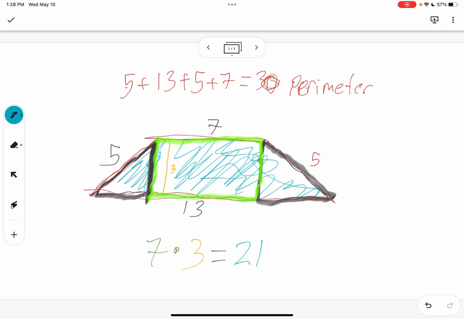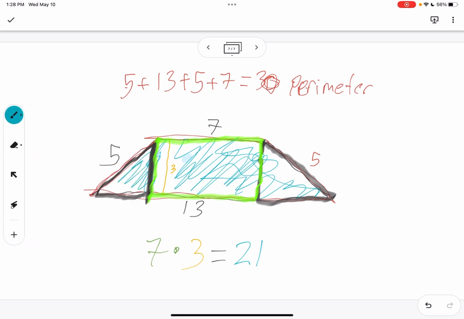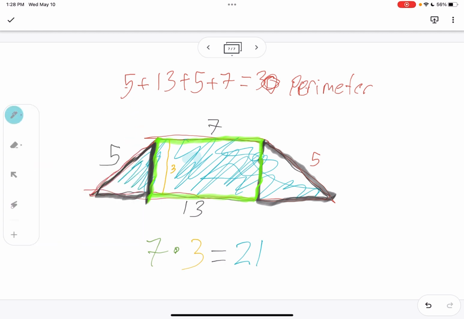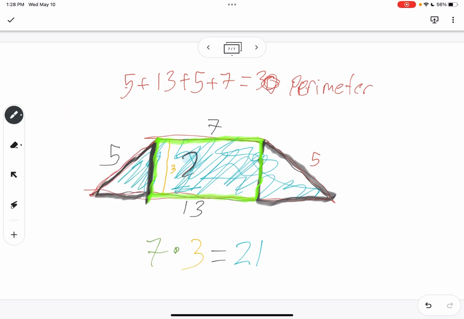Okay? So now we know that 21 is the area of this rectangle.